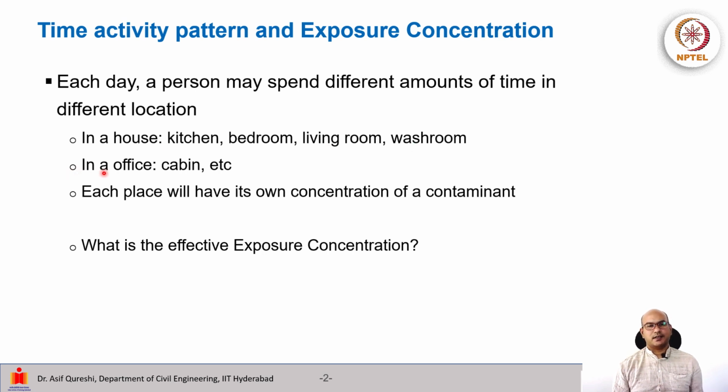Then in the office, we can have an office cabin where one person or maybe two people sit. Then we have cubicles, which are semi-enclosed areas, because the cubicle gives some privacy, but the top part is open and shared among many people. So it is a sort of enclosed but not enclosed area.